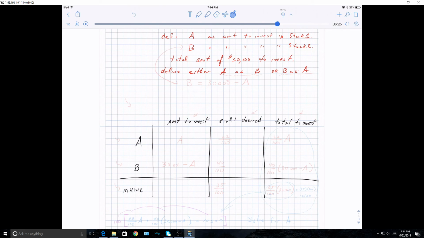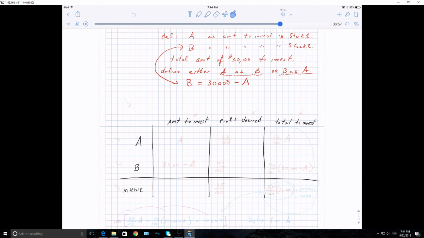So if we let A be the amount to invest in stock 1, then B alternatively becomes 30,000 minus A. So do you see what we did there? That's what I'm trying to get at when I say express A as B or B as A. So now we can generate an equation in one variable.